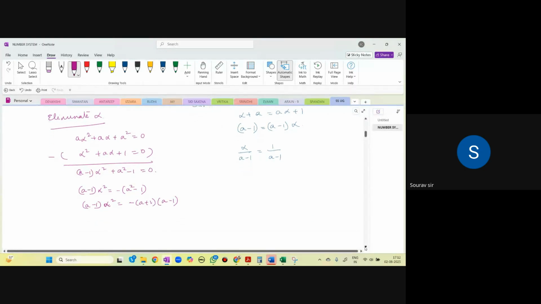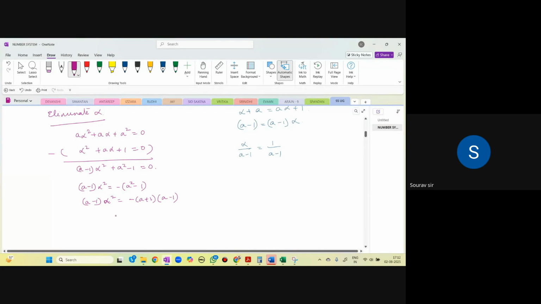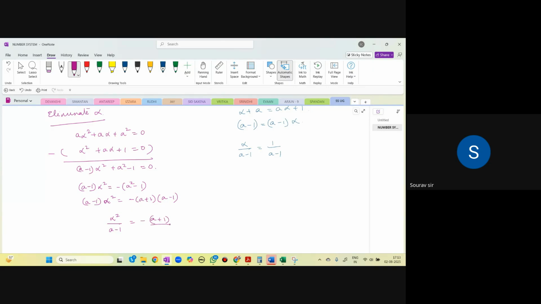Right? So that means alpha square by A minus 1 is minus of A plus 1 by A minus 1.